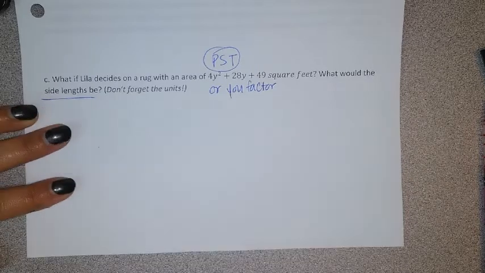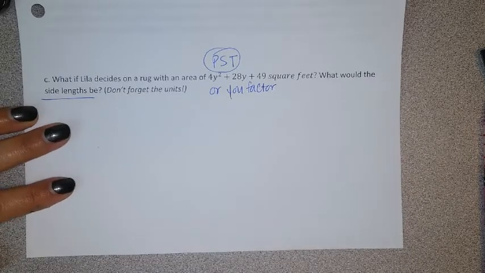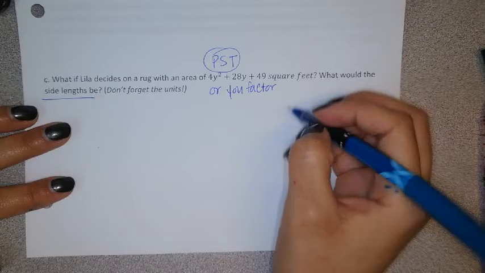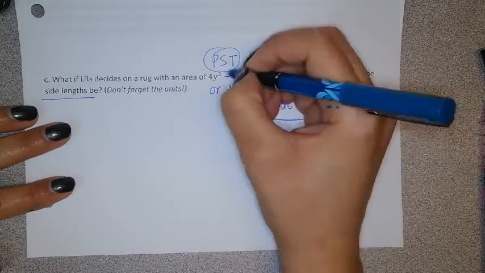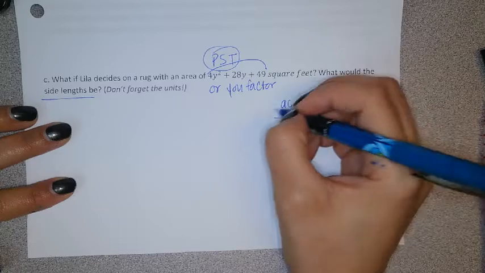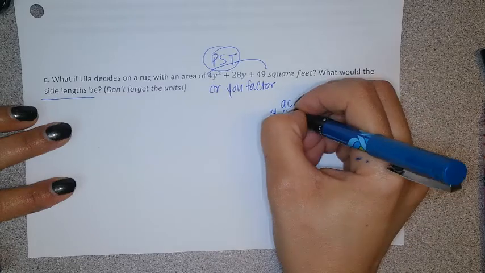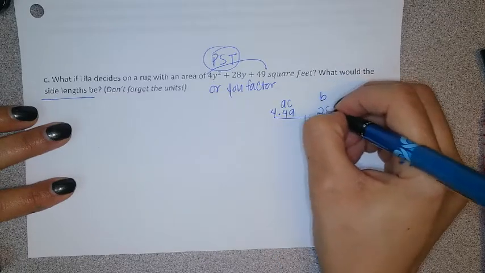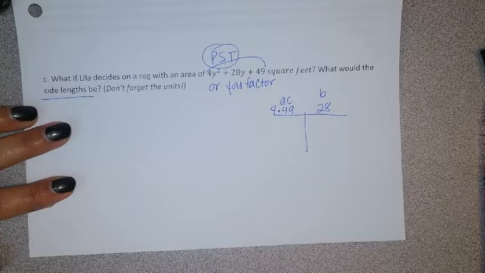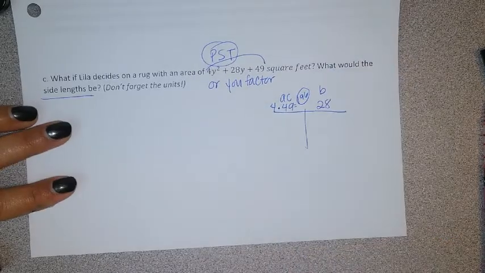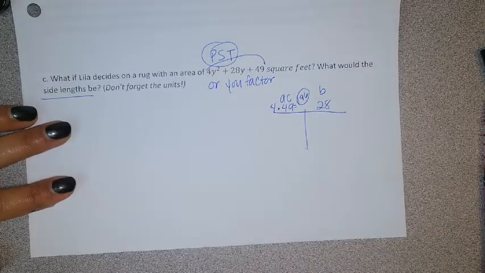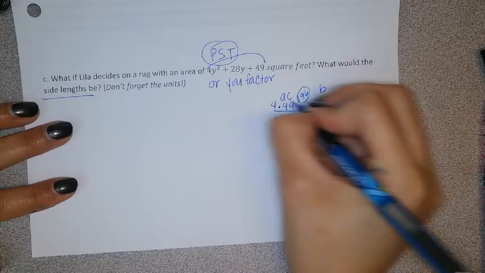I'm going to show you just to factor it, just in case you forget about the formula. So my AC here would be 4 times 49, and my B would be 28. Okay, 4 times 49 gives me 196. You can do a factor tree here, like 196.